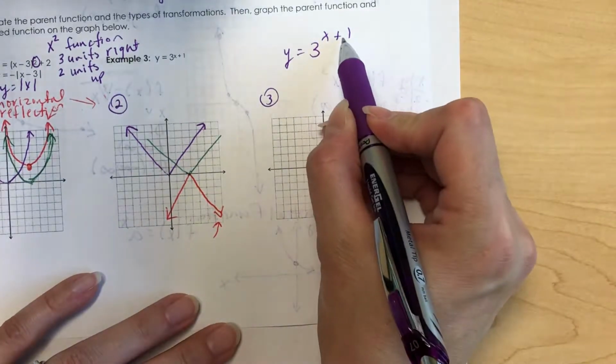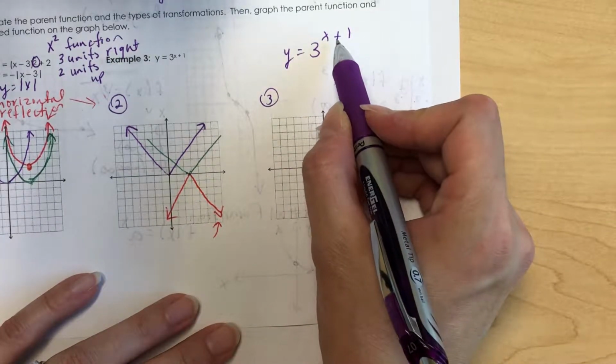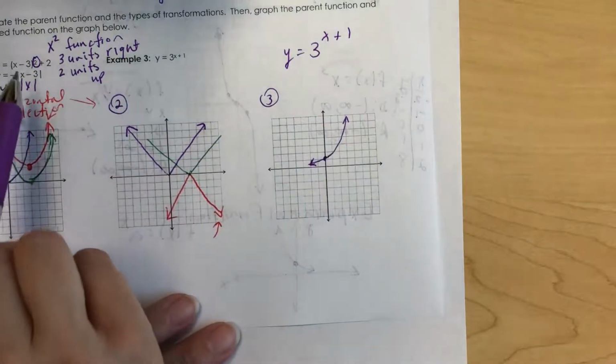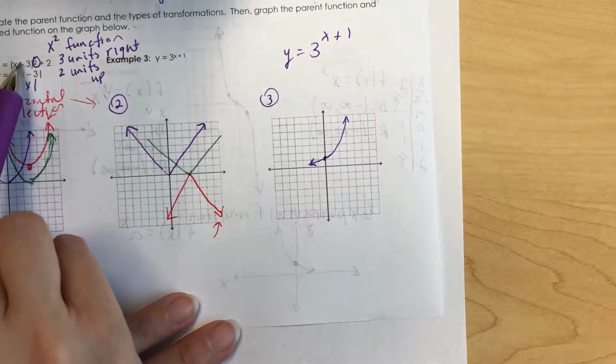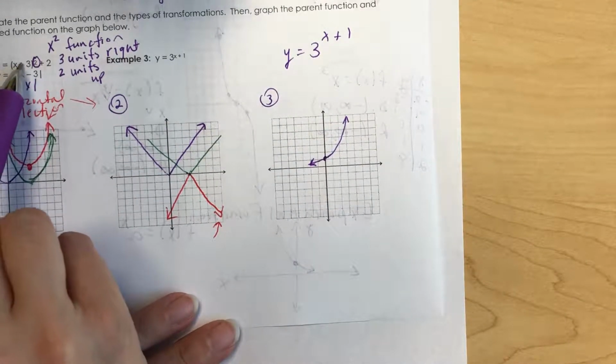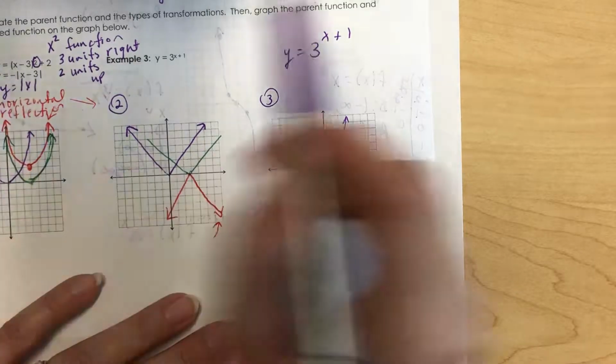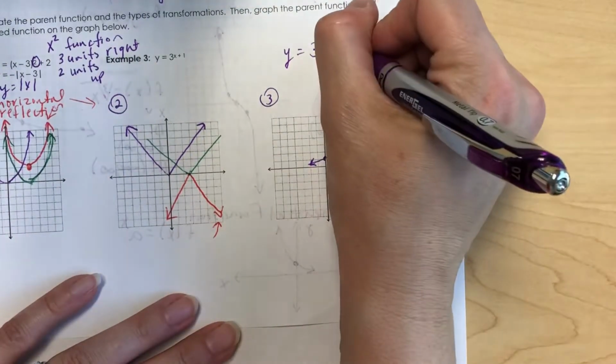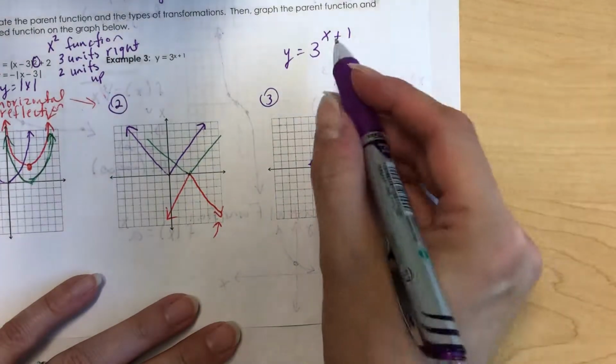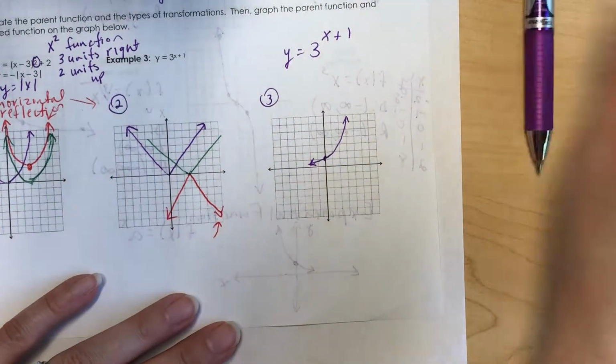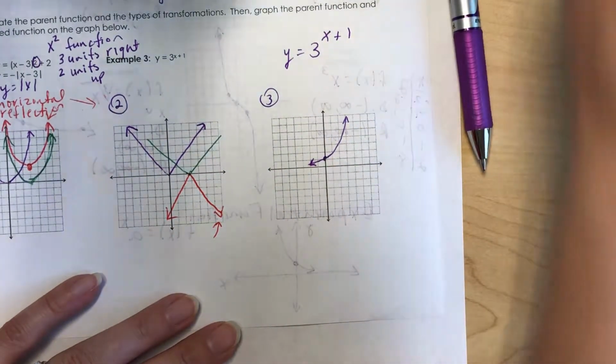And this plus 1 up here is a horizontal translation, just like you had back here with the 3's. It was inside the function, so here it was inside the base, and it was inside the absolute value. Now it's inside the exponent, because this is an exponential function. So we're adding 1 to the x, and that's going to shift it 1 space to the left.